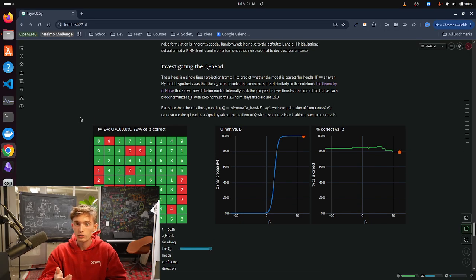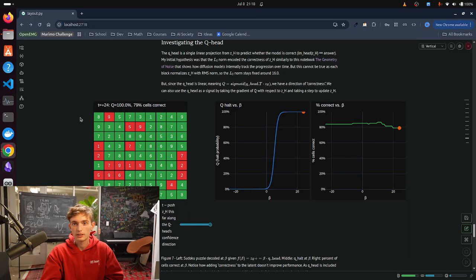And then I was also confused on the Q head because it predicts whether we're correct, but it's a linear layer, so it doesn't actually have that much compute. What's cool about it is because it's in the loss, it's actually forcing the model to store how correct it thinks the answer is in the latent answer, right?